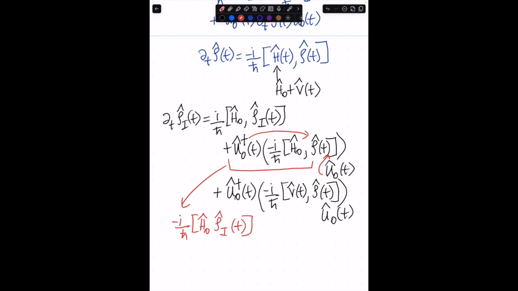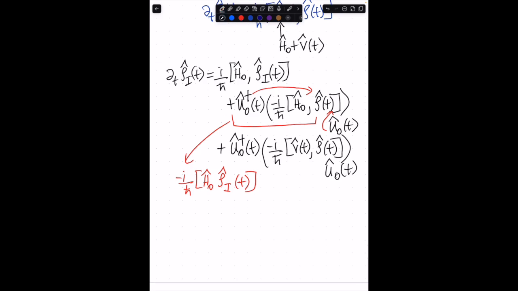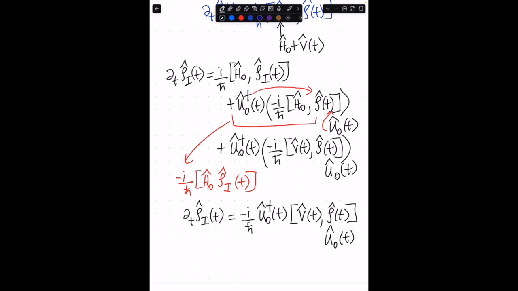And that will go on to cancel the first term in the derivative. So the first and second terms will cancel each other out. What you resultantly get is minus i upon h bar U hat 0 dagger(t) times the commutator of v(t), rho hat(t), U hat 0(t).